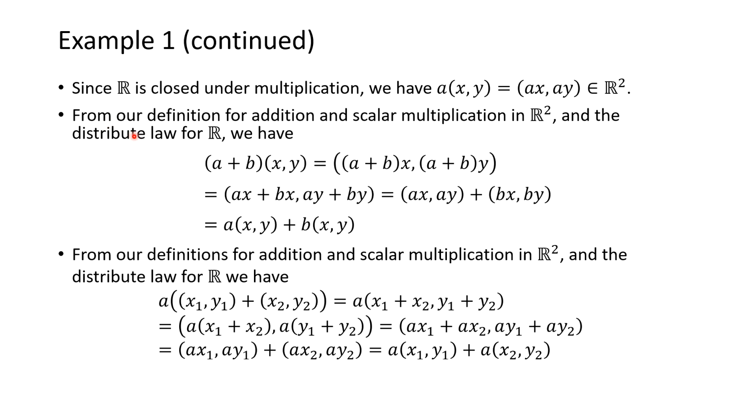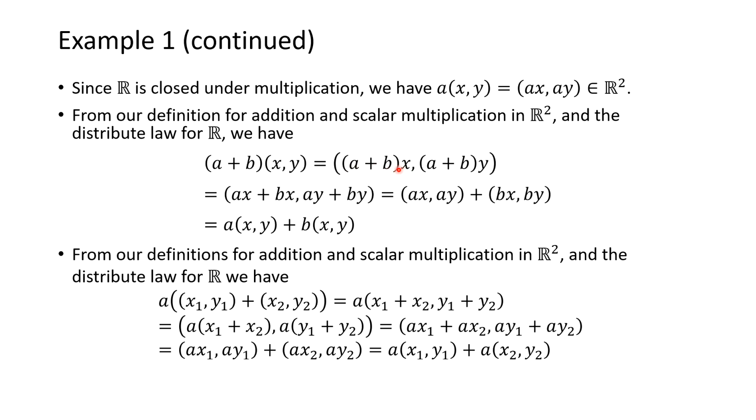Then we have these distributive laws, which follow pretty much from the distributive laws of real numbers. Let's see the first one here. So we have a plus b times the vector x, y. A and b are real numbers. Then by definition, it's a plus b times x is the first component. A plus b times y is the second. Then we expand this out.